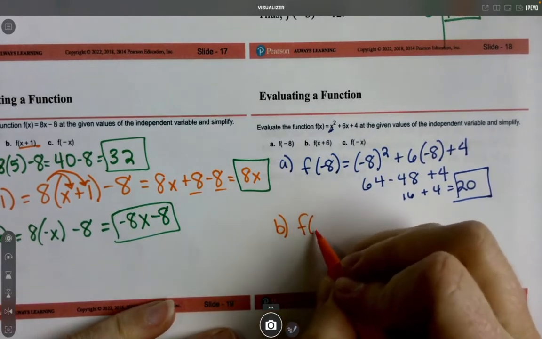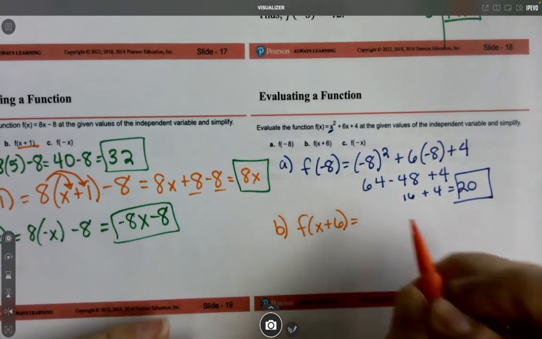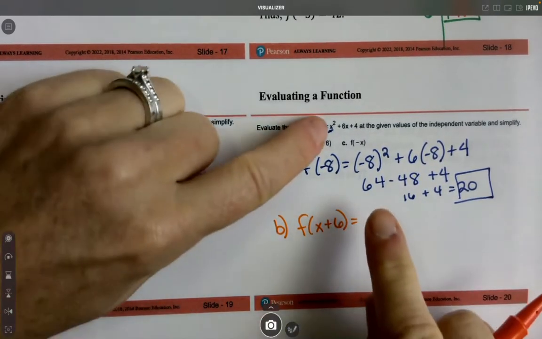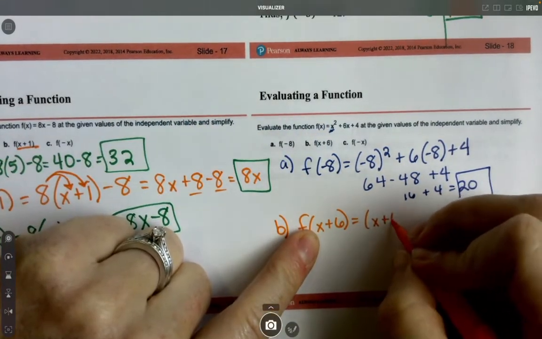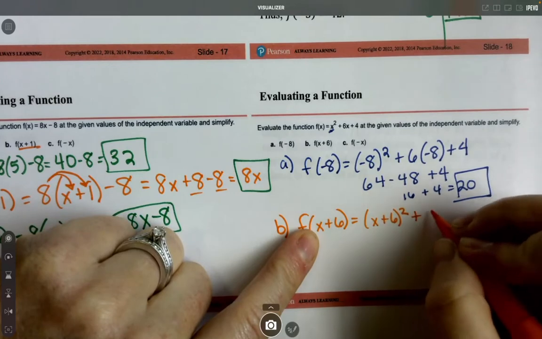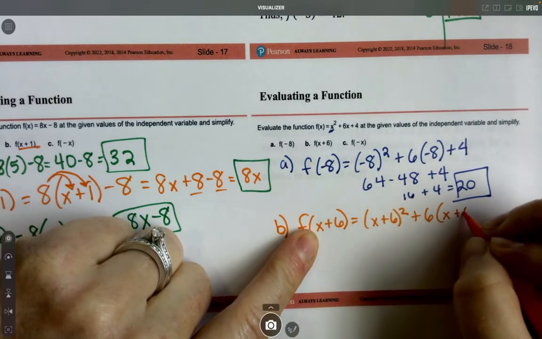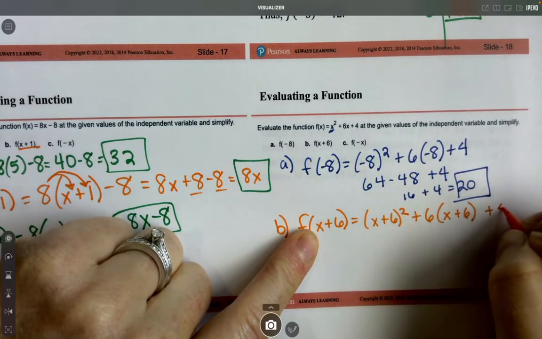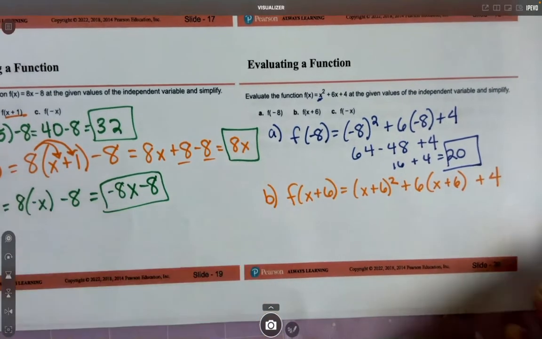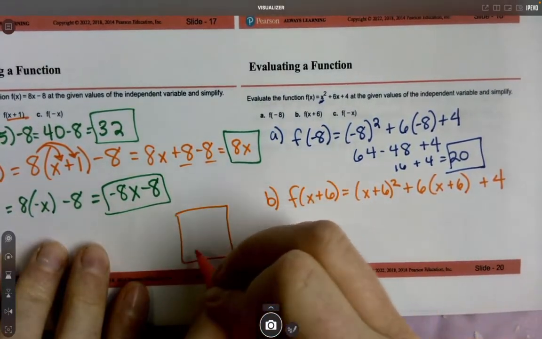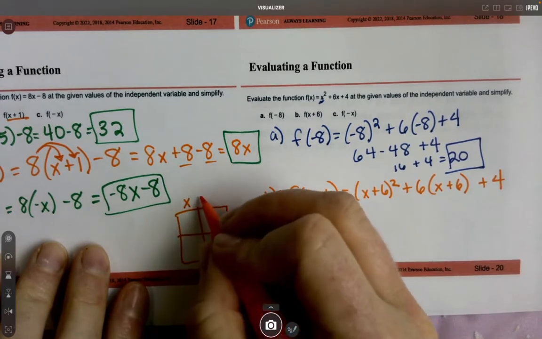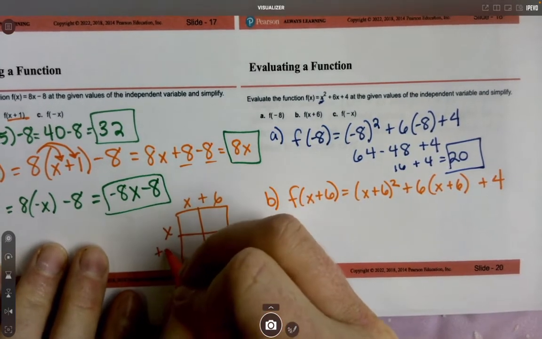All right, let's go to B. It says f of x plus 6. So that means that everywhere I see an x, I'm going to plug in x plus 6. So it's x plus 6 squared plus 6, x plus 6 plus 4. So this is going to require us a little bit more work. So remember the box. If you need to do that with me.